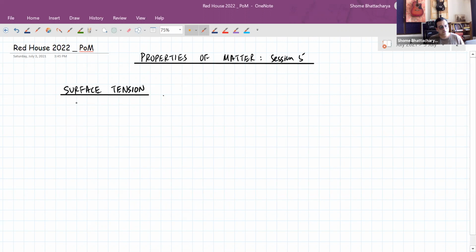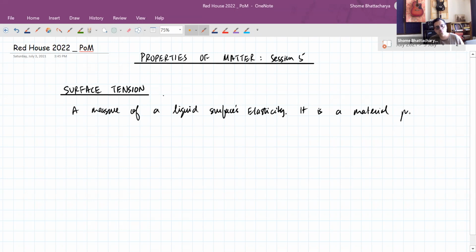So surface tension is a measure of a liquid surface's elasticity. Okay. It is a material property for a given liquid.